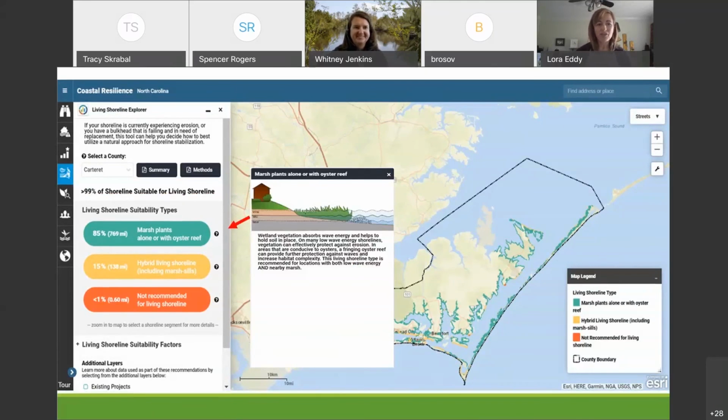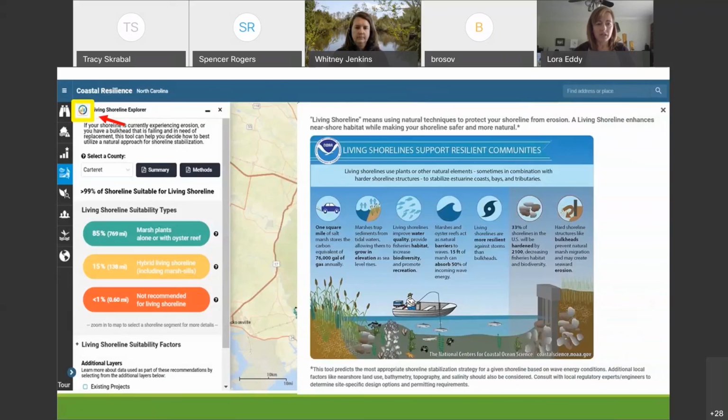Okay, thank you. If you're unclear on what the suitability recommendation is, you can click these little question mark buttons, and an info icon will pop up and tell you what the tool means by that recommendation. Another little tidbit is there's another icon up here that you can click on. It has a disclaimer about the tool as well as why these are important projects.